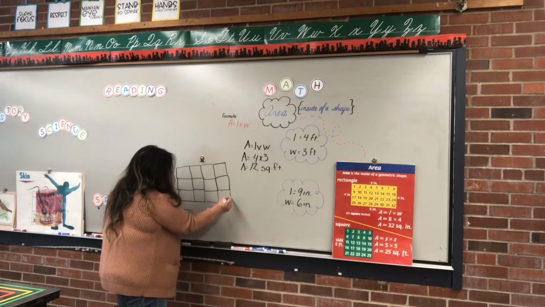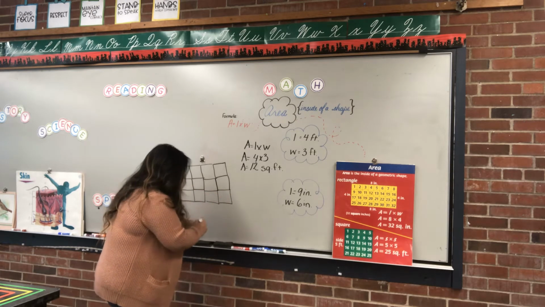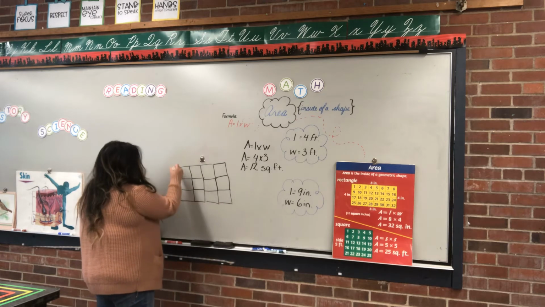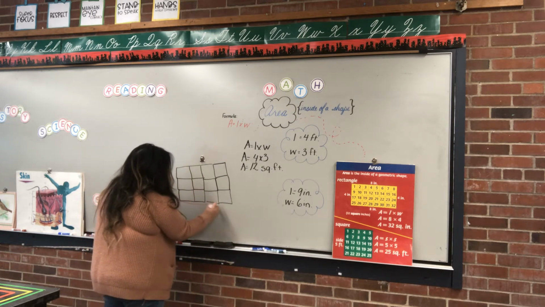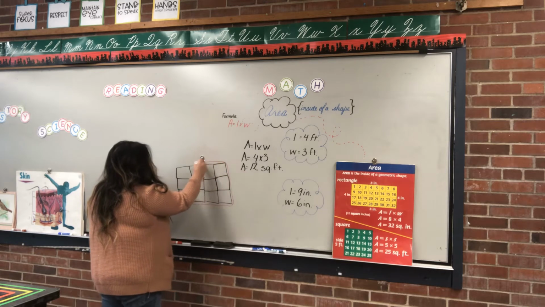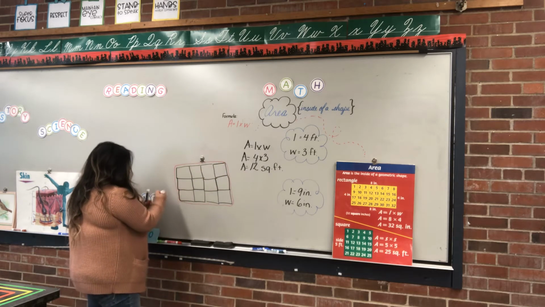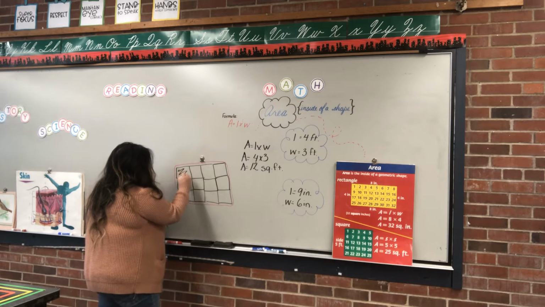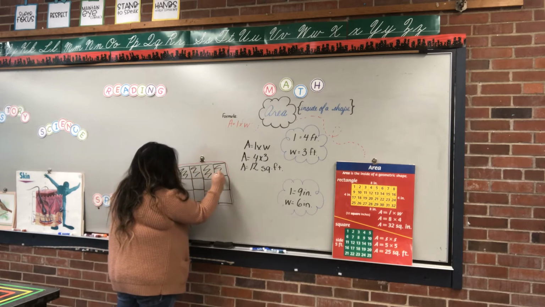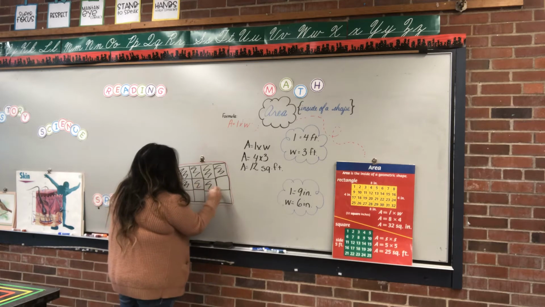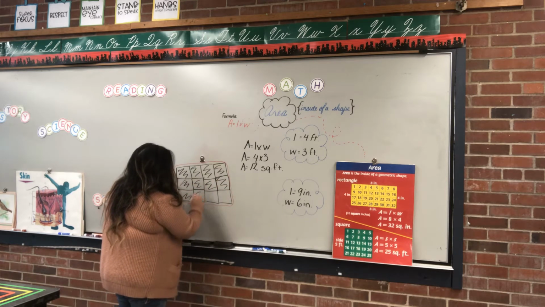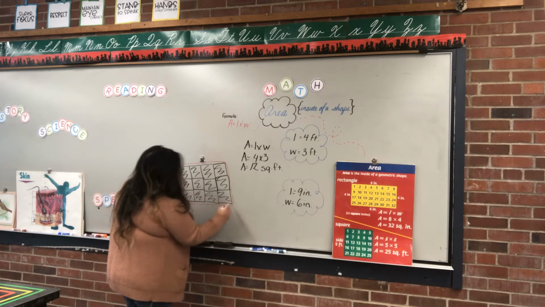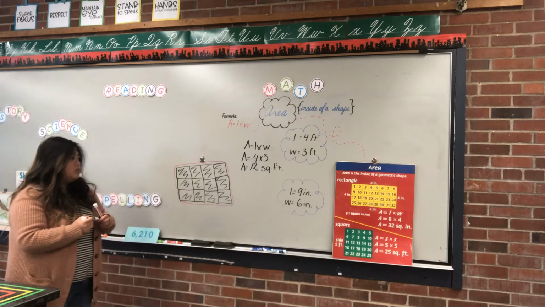So if you have perimeter, perimeter would be this outside here. This would all be your perimeter on the edge. And then your area would be in here. 1, 2, 3, 4, 5, 6, 7, 8, 9, 10, 11, 12. Does that make sense? Okay, this is 12 square feet.